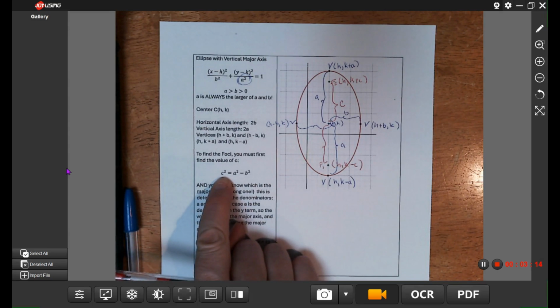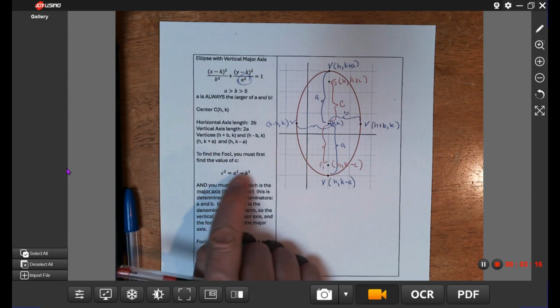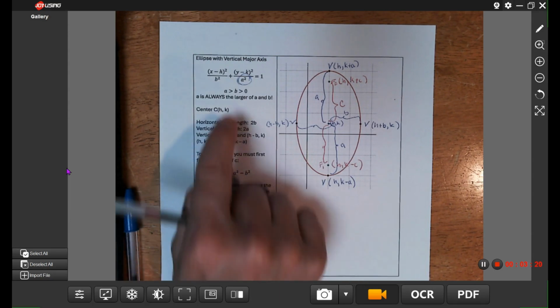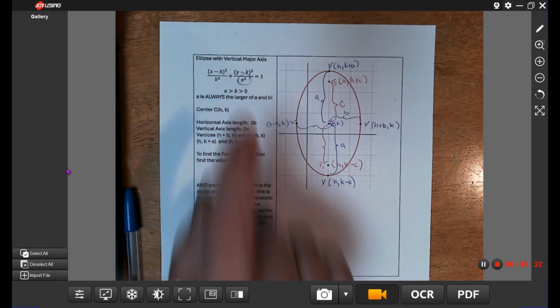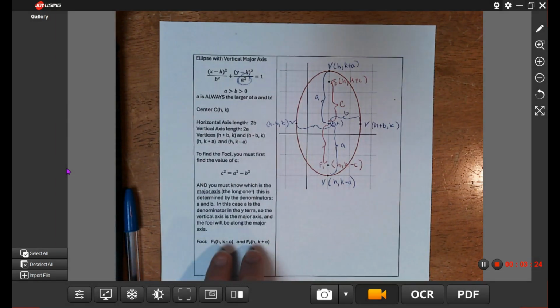Remember, you find c by taking a squared minus b squared, where a squared is always the bigger number, so it's the denominator under the y in this case. So there are the coordinates of the foci. Now we're going to move on and look at some more worked examples.